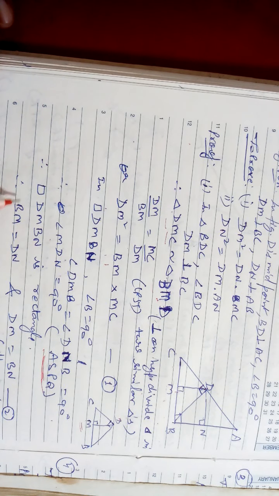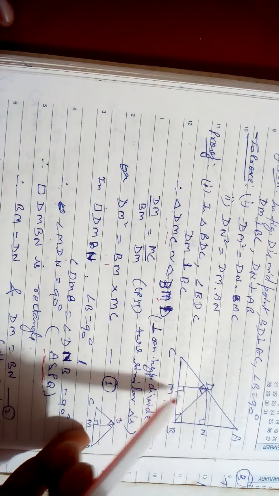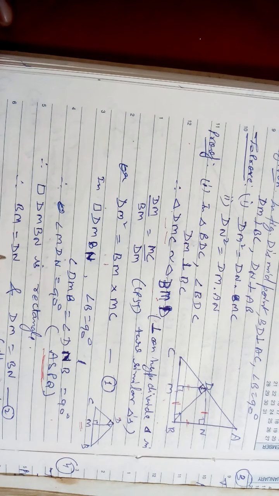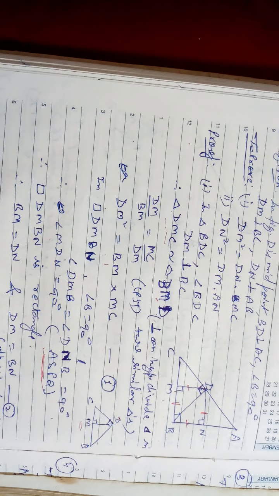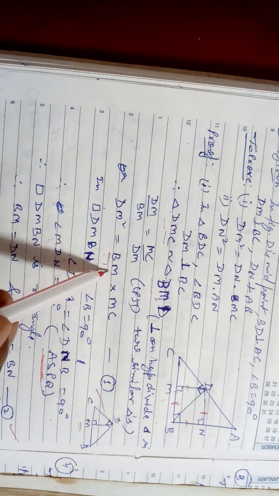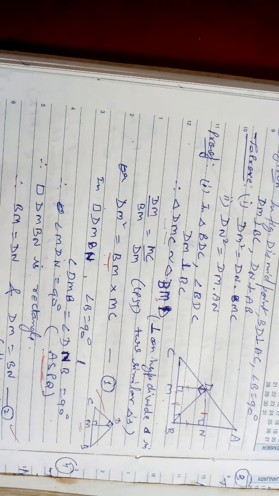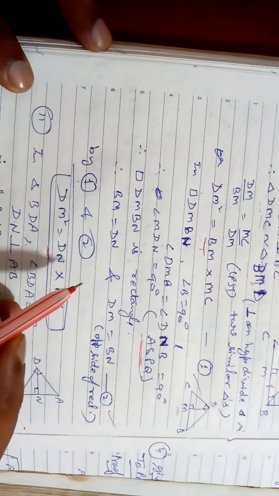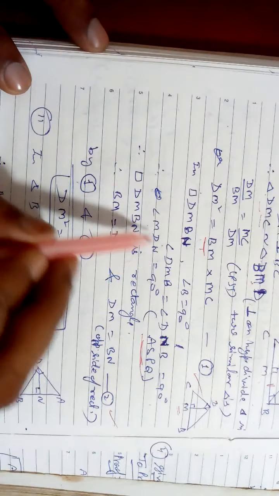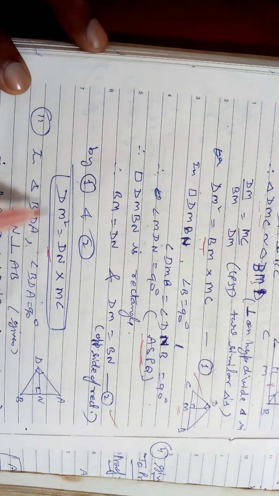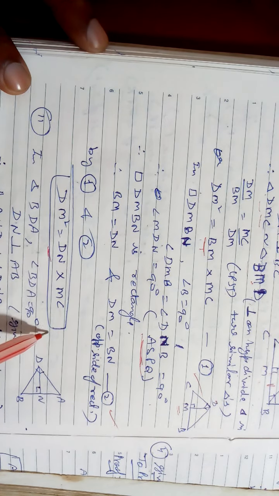So you are getting BMDN is a rectangle. In a rectangle opposite sides are equal. So BM equals DN and DM equals BN. By first and second, BM is replaced by DN. You will write DM square is equal to DN into MC.